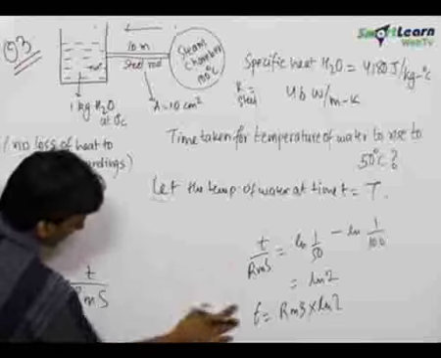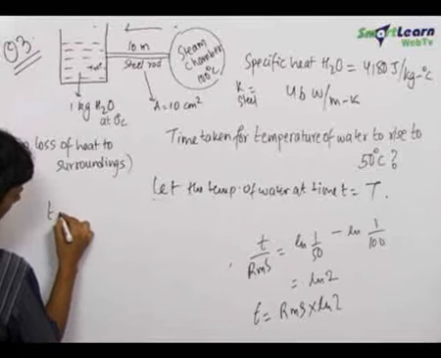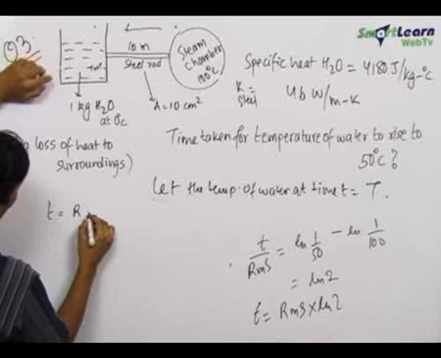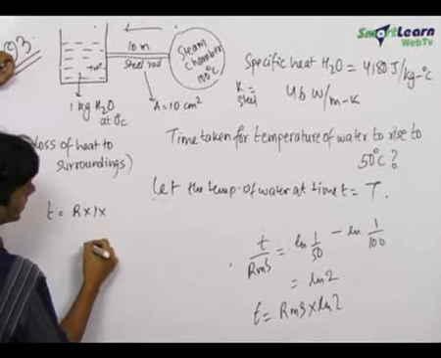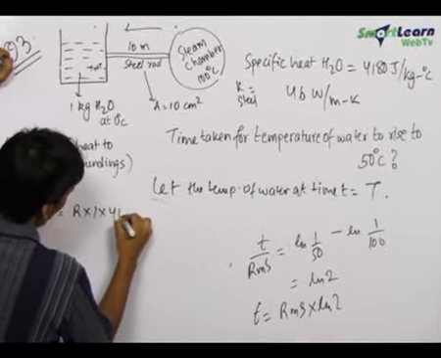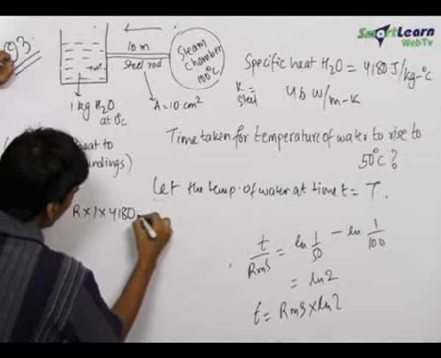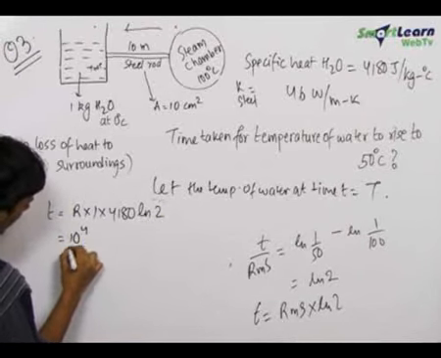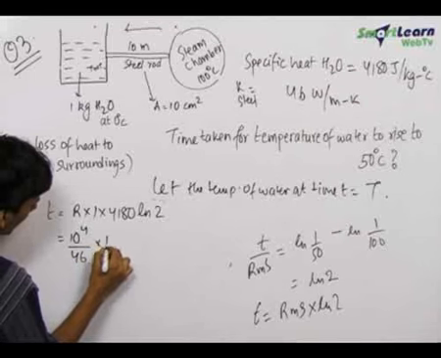So we have got the actual answer, we just need to feed in the values now. t is equal to RmS into ln 2, the mass of water is 1 kg, specific heat of water is given to be 4180, into ln 2. Now the value of R was 10 raised to 4 upon 46.